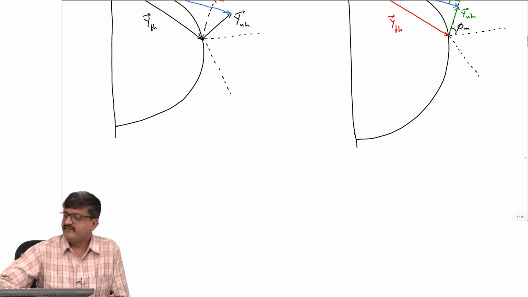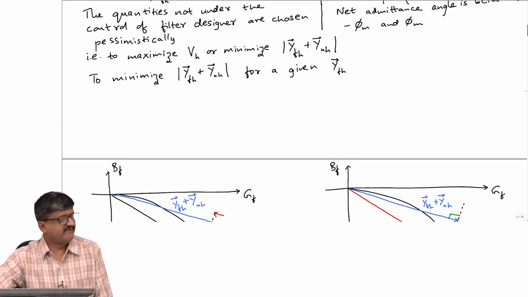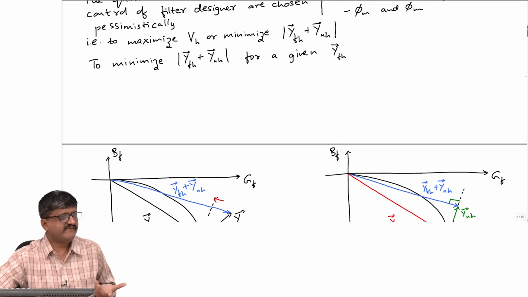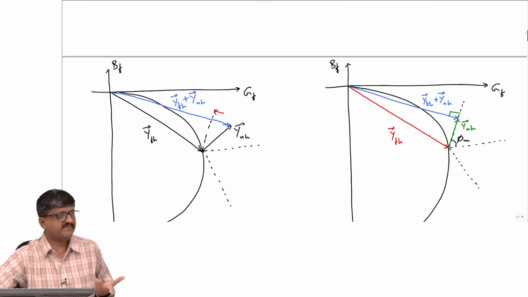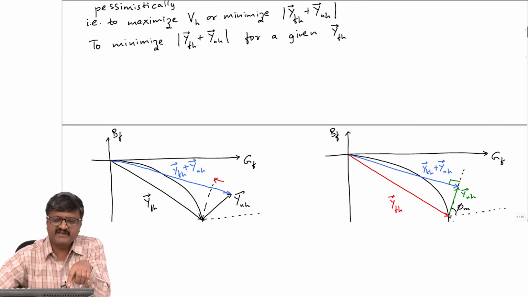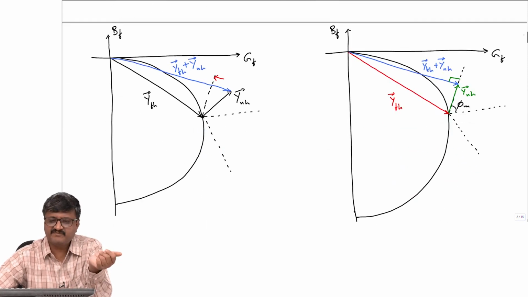I do not think I am asking a very tough question. See, y n h is not under the control, we take the worst case. Y of h is under the control of the designer. So, we take the best case. So, how to get the best case? Worst case means the one that minimizes the absolute value of y of h plus y n h. So, the best case is the one that maximizes the absolute value of y of h plus y n h.